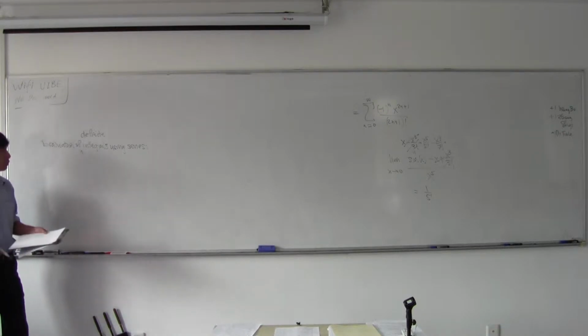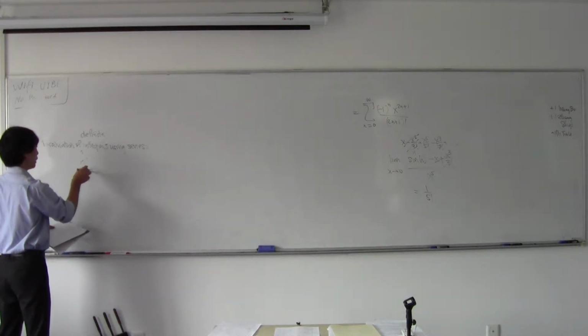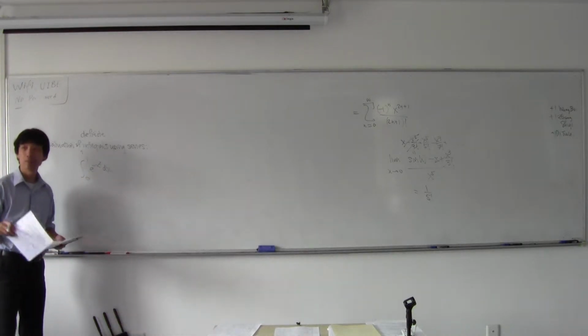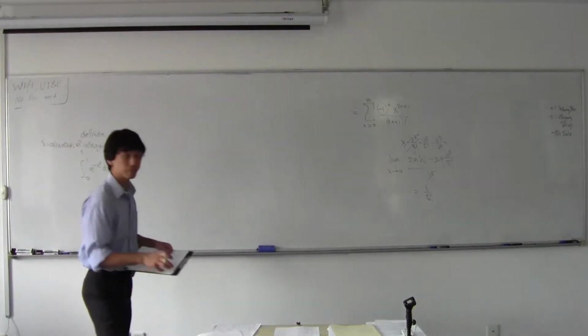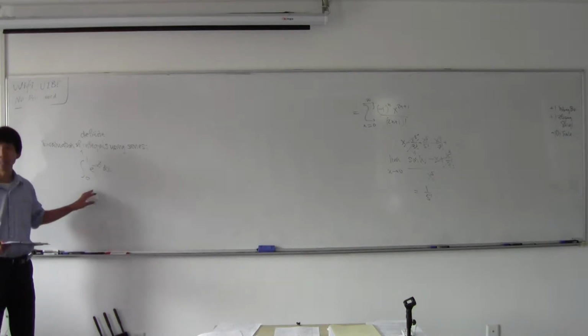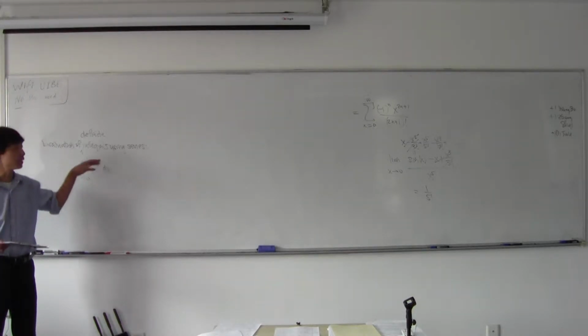I'm just going to do one example, which is the integral from 0 to 1 of e to the negative x squared dx. The problem with this integral, as we said before, is that there's no antiderivative. There's no simple way of writing an antiderivative. Actually, we know a way now.